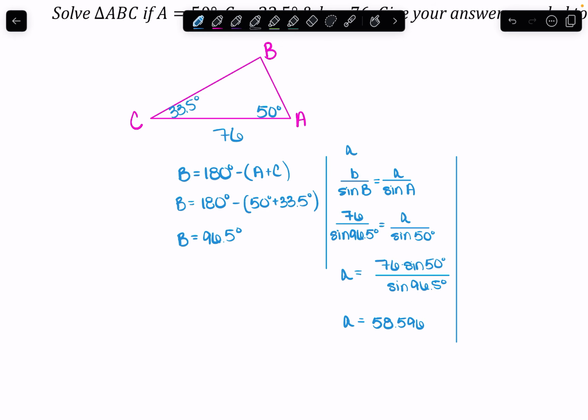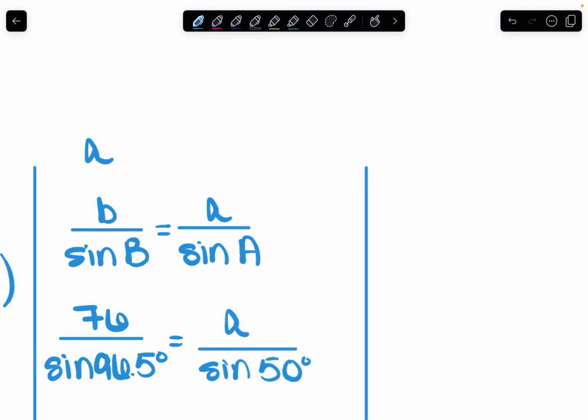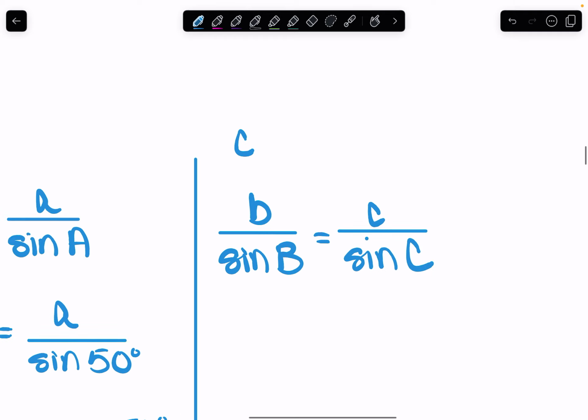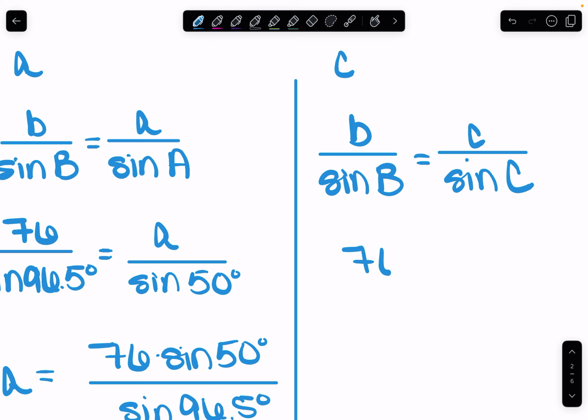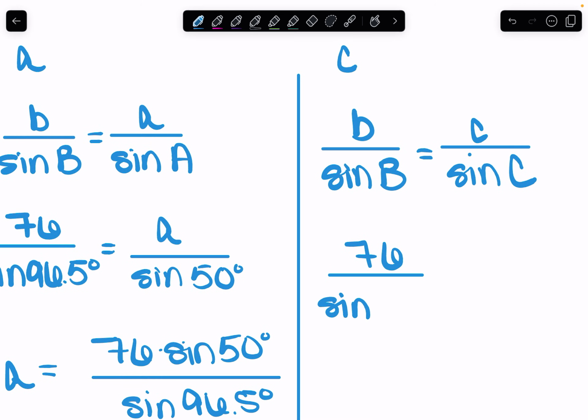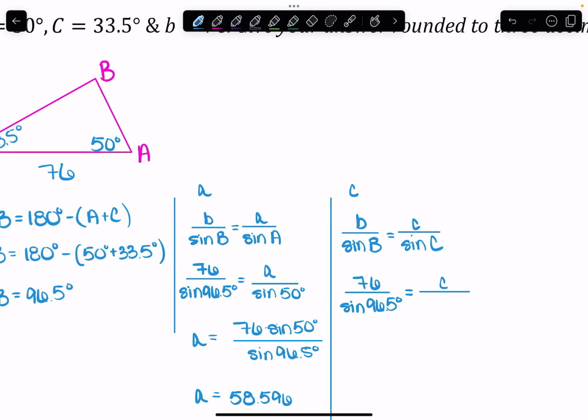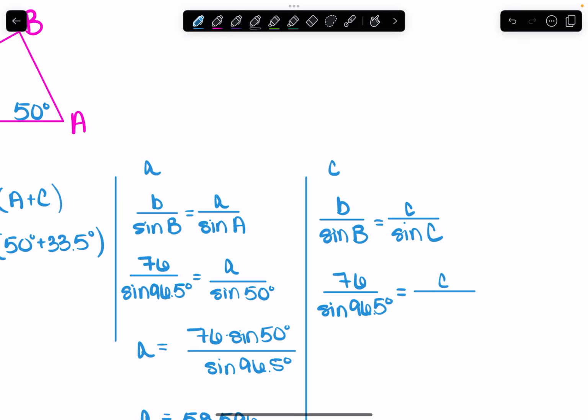All right, the other side that we were missing was side C. So same ratio, the ratio of side B to the sine of angle B equals the ratio of side C to the sine of angle C. So side B is 76, we're using the same ratio we did to find A, over sine 96.5 equals side C, which we're missing, over the sine of angle C, and angle C is 33.5.